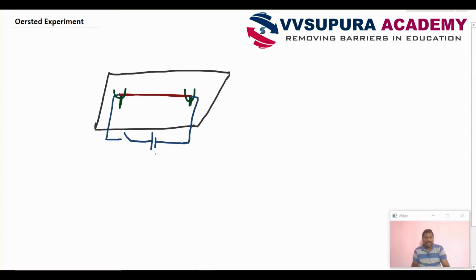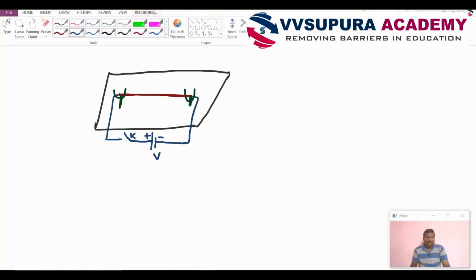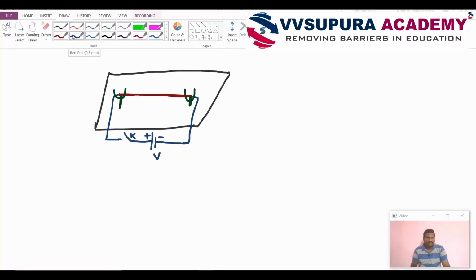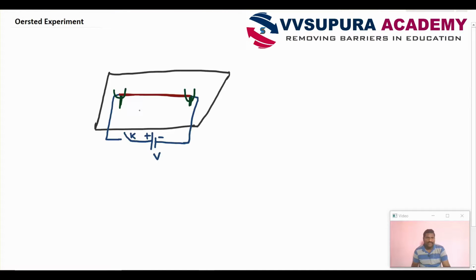The battery voltage may be V. These are the plus and minus symbols of the positive and negative terminals of this battery, and the switch may be K. Okay, and we need one compass here.